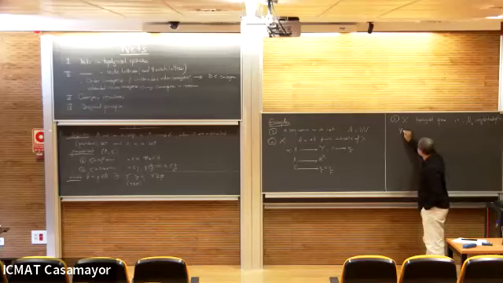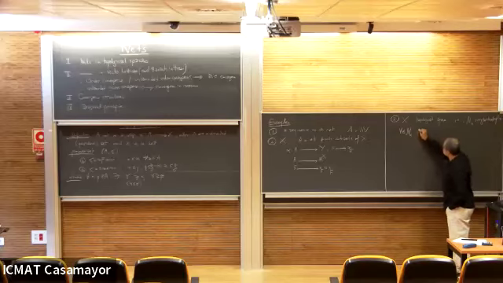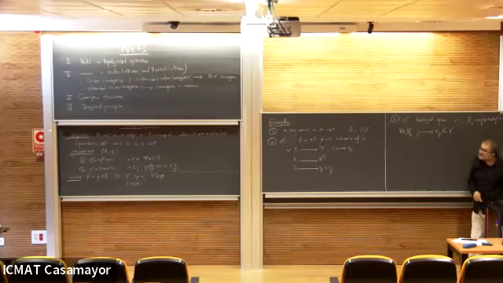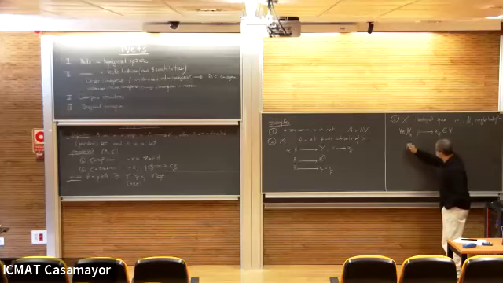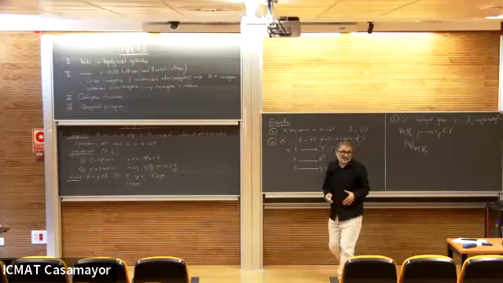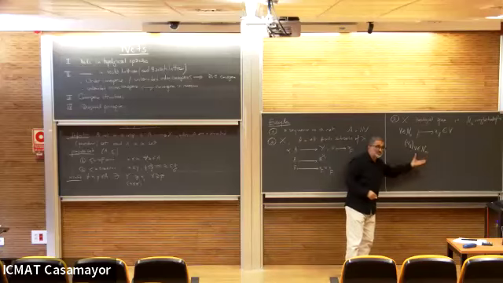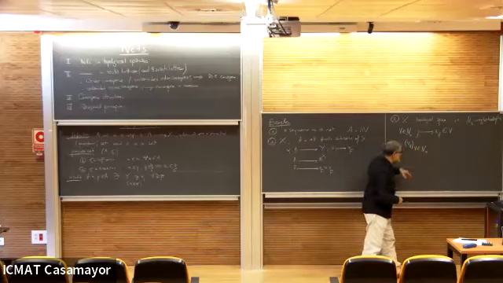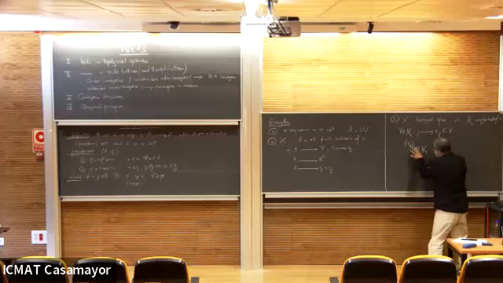So for every neighborhood V of x, I can define an element in this neighborhood, any element. This gives us a net, x_V. So the index set here is the set of neighborhoods.